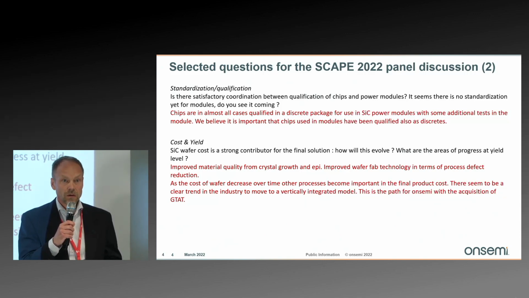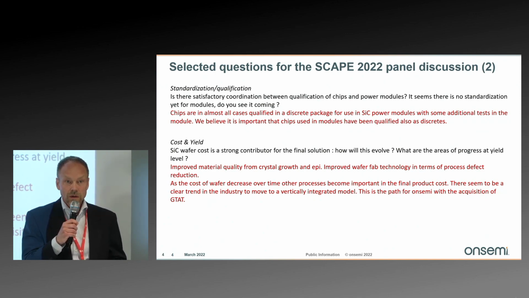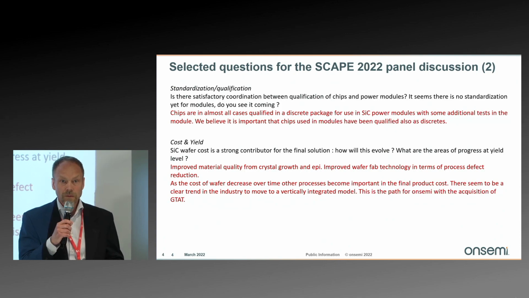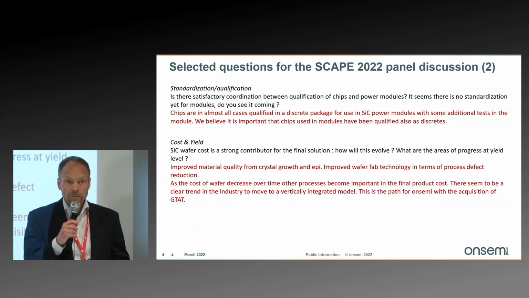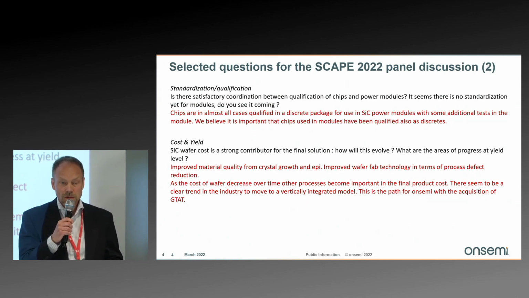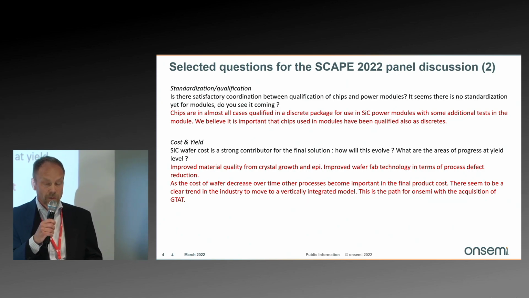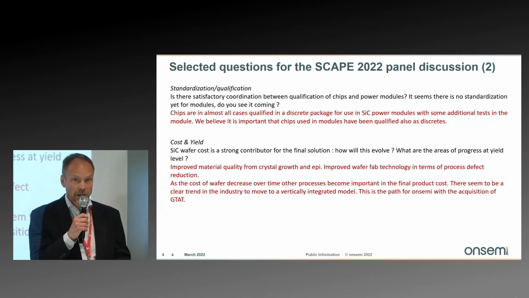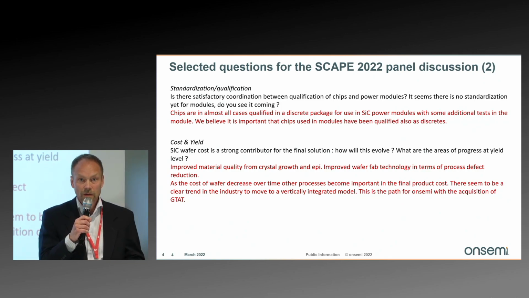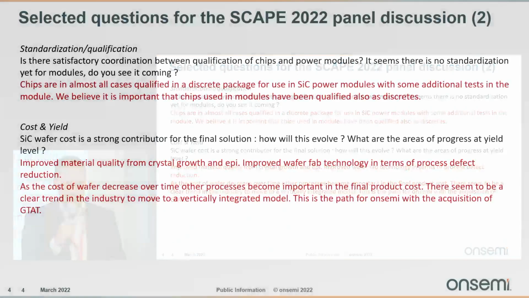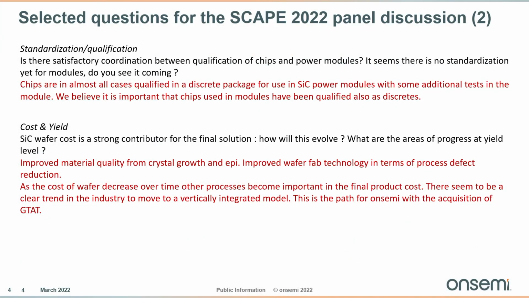Here we see a really good evolution. And as the cost decreases for wafers, the cost of other processes would be more important in the final product costs. And we see that there is a trend in the industry to go to vertical integration. This is also what we do with the acquisition of GTAT combined with internal wafering capability.